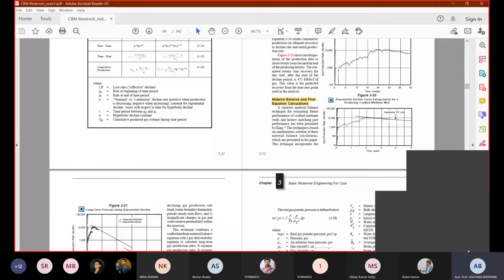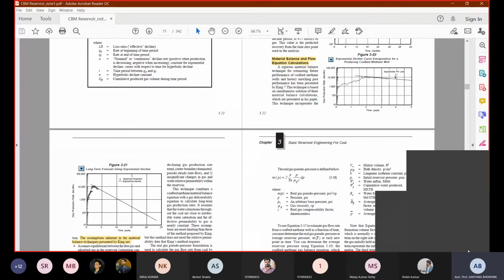It comprises some different parameters, and there are obviously some assumptions for this, and based on this you can accurately calculate the volume of gas in place and the volume of gas produced. Okay, because this material balance equation is going to consider the volumetric changes, the pressure changes, the permeability effect, and the pore volume capacity changes.